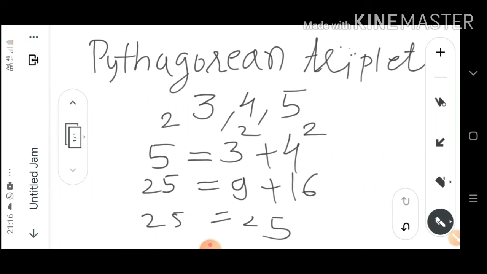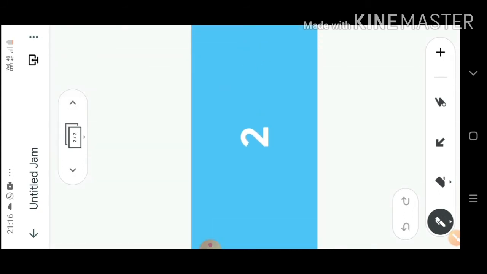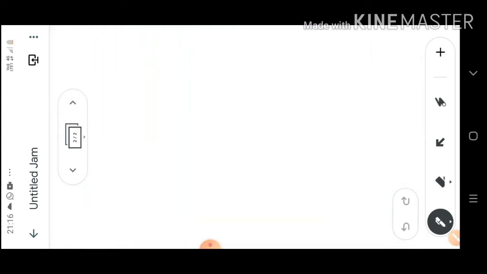Let us take another example. Let us take example of numbers 5, 12 and 13. Now see, this is a triplet because there are 3 numbers. But we have to prove whether this is a Pythagorean triplet or not. So which is the largest number? Yes, largest number is 13.